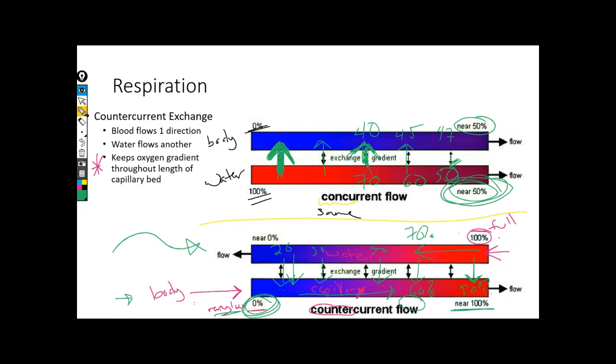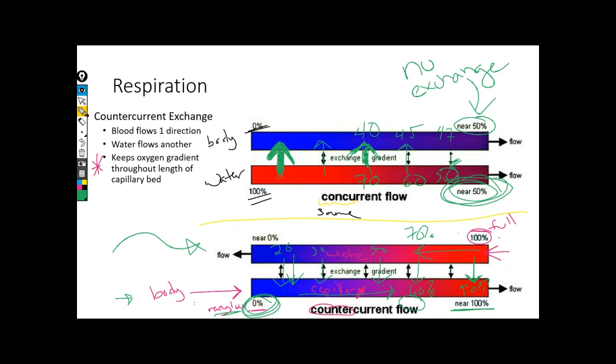If the answer is no, right, no exchange is happening here, then we have a problem. Okay, any questions about countercurrent exchange?